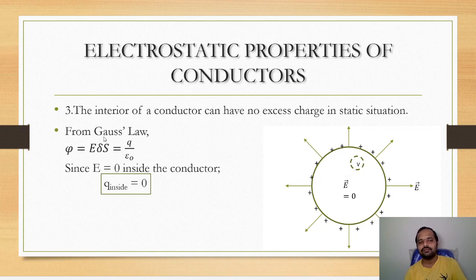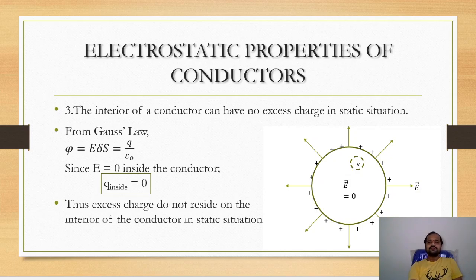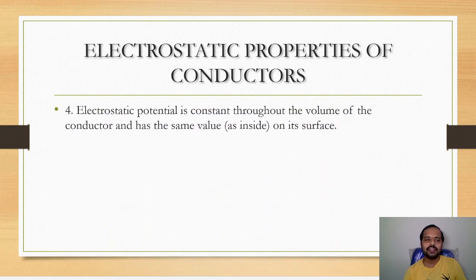Now we already know that E is equal to 0 inside, which allows me to safely say that the excess charge residing inside is also equal to 0. So this is about the excess charge not being able to reside inside the charged conductor in a static situation. Now let's go to the next property.